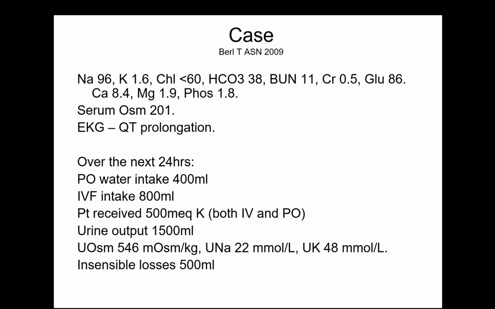So obviously this person is hyponatremic and extremely hypokalemic, right? If we think of sodium and potassium as exchangeable cations, in a way, when we replete the potassium, more sodium will come out. So actually, it's as if we're replacing sodium.